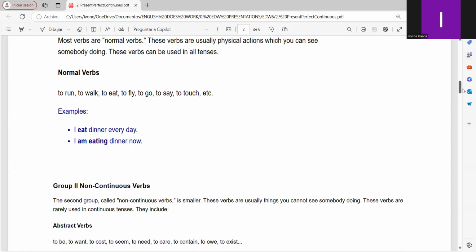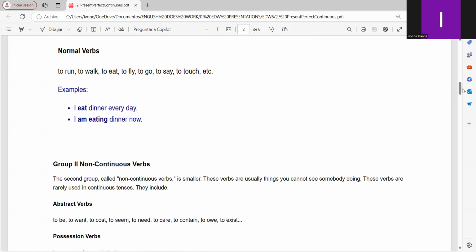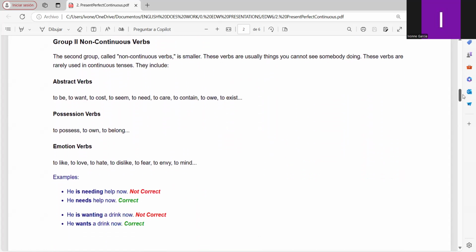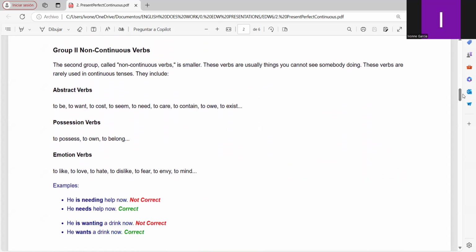We have the normal verbs: run, walk, eat, fly, go, say, touch. And we can use those normal verbs in the continuous form. But we also have a group of not continuous verbs.